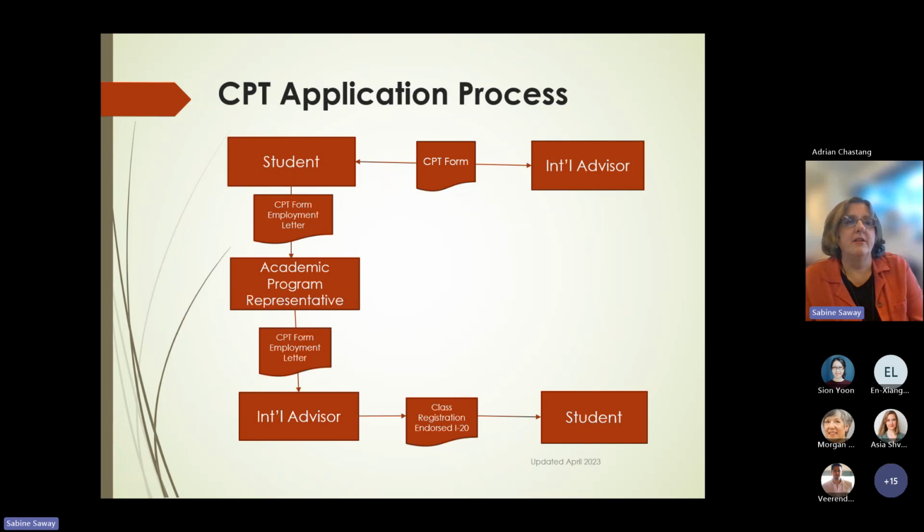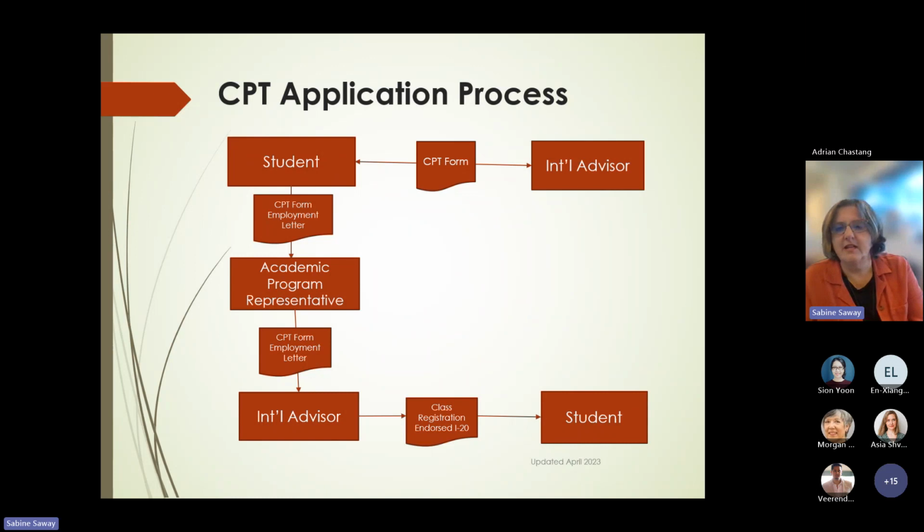A student who would like to pursue CPT should submit the CPT form to the International Student Advisor. The International Student Advisor will endorse the form. Then the student will present the CPT form and the enrollment letter to the academic program director's representative, I should say.